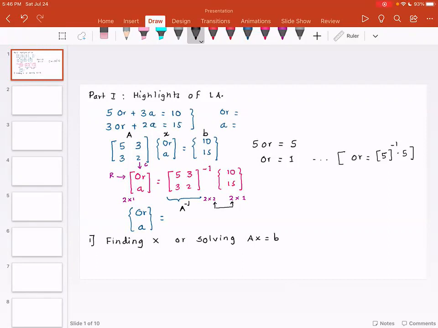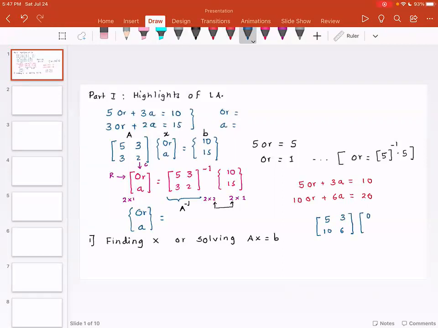A classic example I want to show you is, think about it like this. If I were to give you 5 oranges plus 3 apples is equal to $10, and 10 oranges plus 6 apples is equal to $20, you will see this equation in matrix form can be written as 5, 3, 10, and 6.